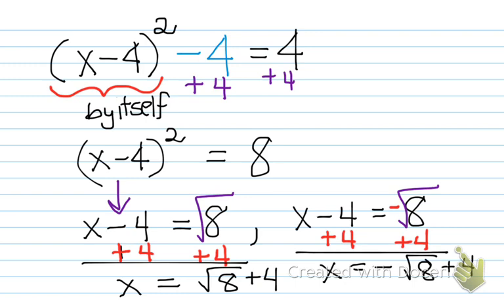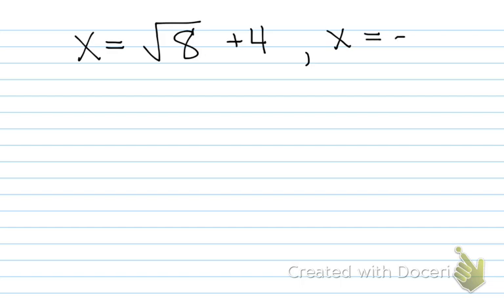You can only add radicals if they have the same exact radical behind the coefficients. Now we need to simplify the solution. The solution was x equals the square root of 8 plus 4, comma, x equals negative square root of 8 plus 4.